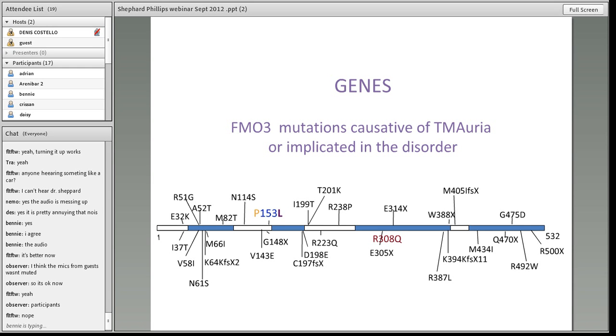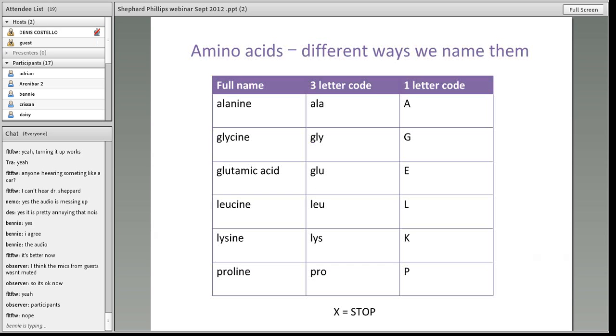And of course, that's a protein that is too short and cannot carry out its function. So mutations can change the activity of the protein. They can shorten the protein. And really, the severity of the disorder will be dictated by the mutation. So some mutations will have a less severe effect than others do. Could I have the next slide, please?